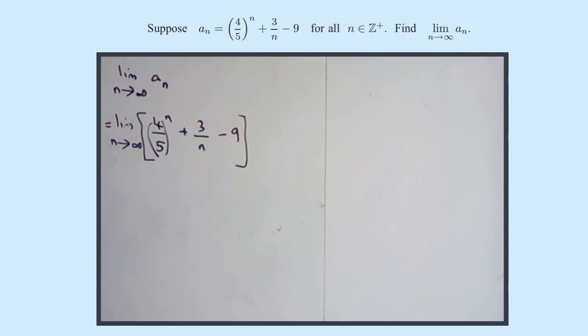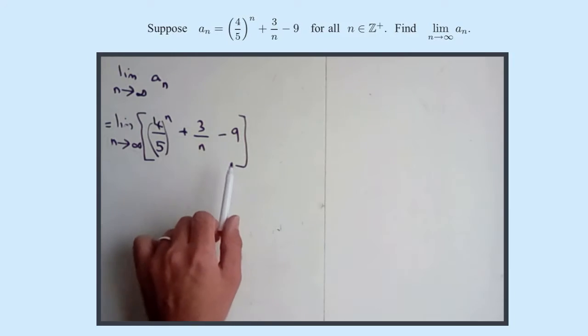Okay, so we can use the algebra of limits theorems. Basically anything that you've been able to do in the past with functions, you can also do with sequences. So we have a limit of a sum, so we've got 3 different things being added together. We can say the limit of the sums is the sum of the limits, so we can do all 3 of these separately.